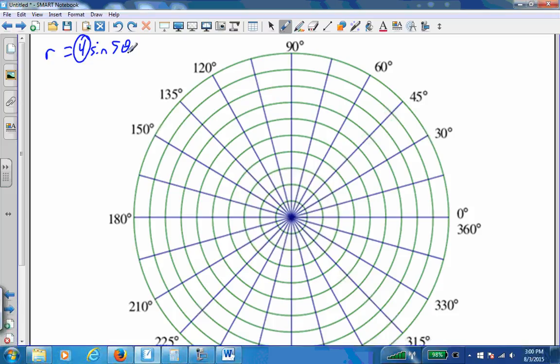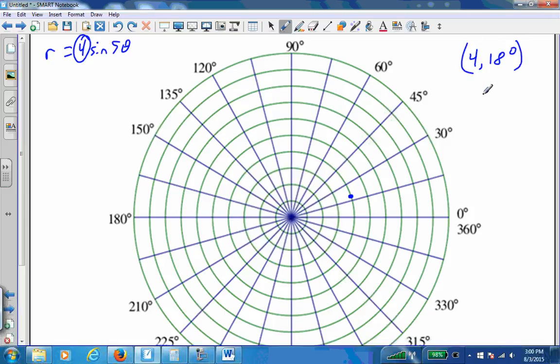At 18 degrees, we're going to have sine of 90. Sine of 90 is 1. 4 times 1 is 4. So in a direction of 18 degrees, this would be 15, so 18 would be a little bit more. We're out 1, 2, 3, 4 units. So 4, 18, that's our first tip.